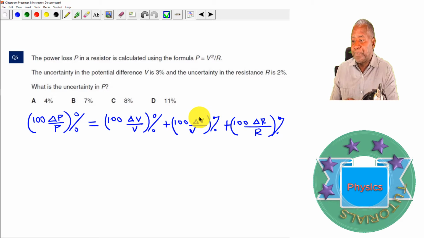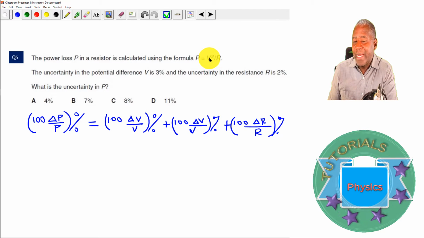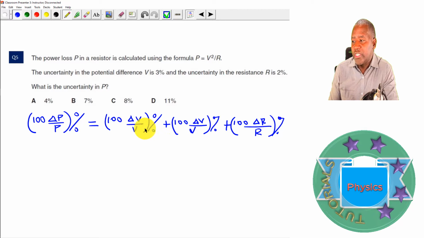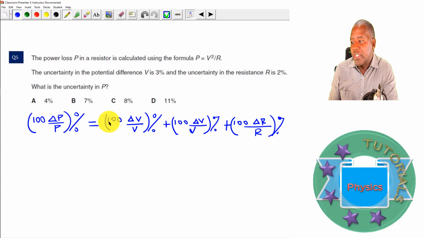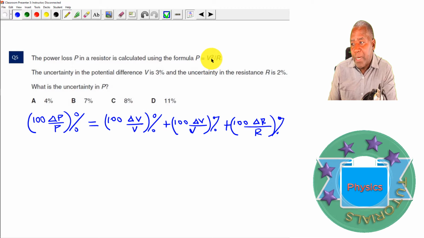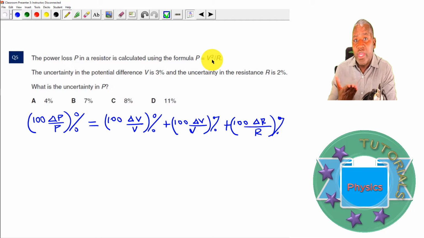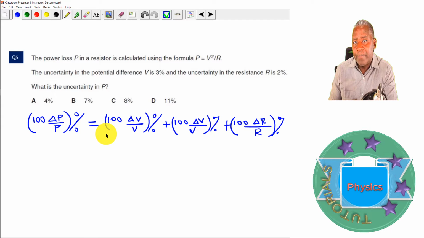Observe that. Then the V is multiplied by itself twice. So instead of writing this one separate from this one, I would just have written 2 times this percentage uncertainty here. This power could be maybe 3/2. It is the same power that I would use here.